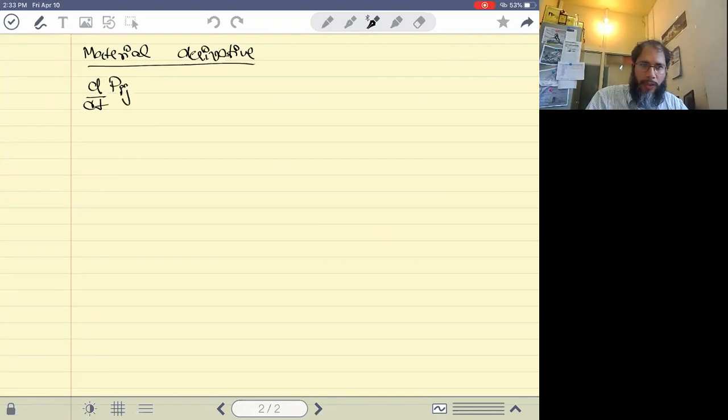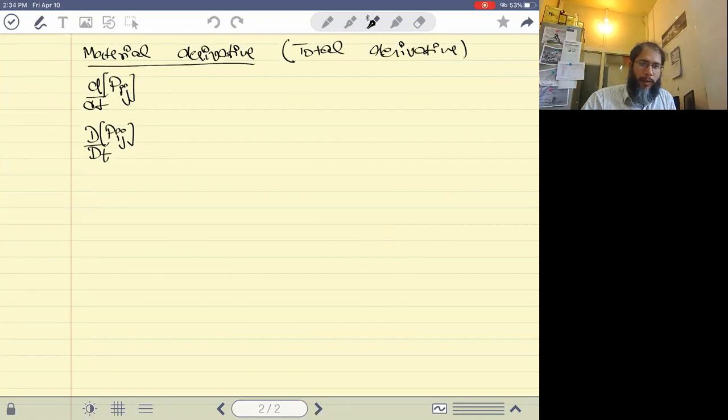Let us say it's a second order tensor, but it could be any nth order tensor. We sometimes denote the material derivative as capital D by capital Dt of Pij, and we also call this the total derivative. I'll tell you why we call it the total derivative in a couple of minutes.